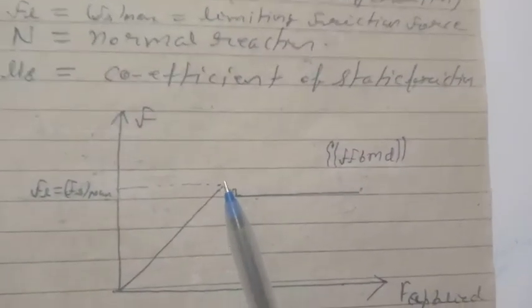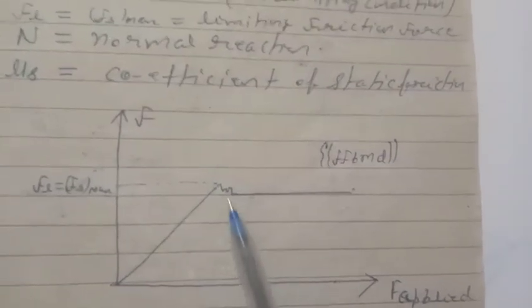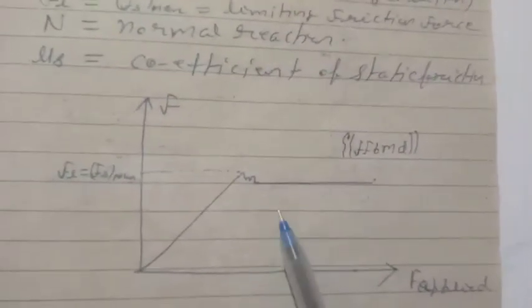After that, if we increase the applied force, the body will start to move, and the force of friction decreases a little bit, and that decreased force of friction is kinetic friction. That is, when the body gets motion, or the surfaces are in motion, then kinetic friction starts to act, and the maximum static friction is called limiting friction. This is shown here.